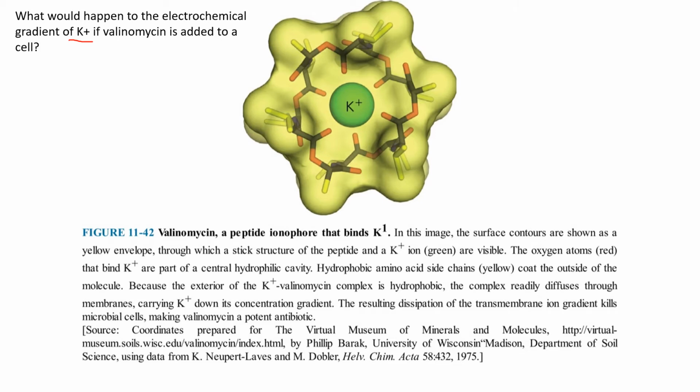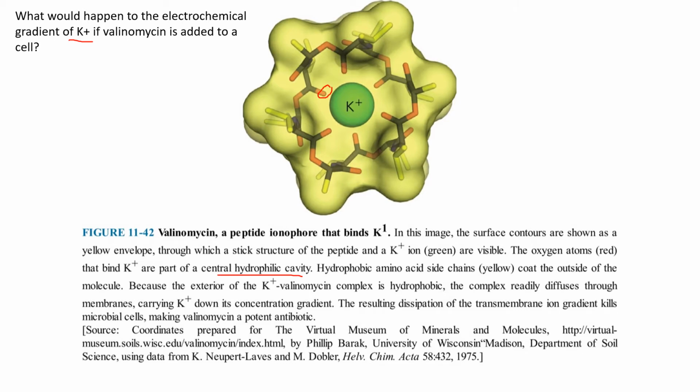Valinomycin, a peptide ionophore that binds potassium. In this image, the surface contours are shown as a yellow envelope, through which a stick structure of the peptide and potassium ion in green are visible. The oxygen atoms that bind potassium are part of a central hydrophilic cavity.